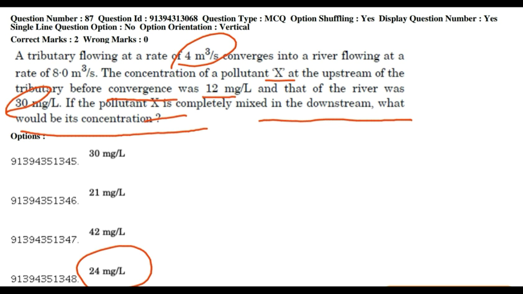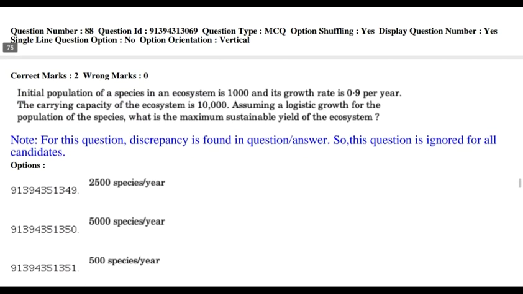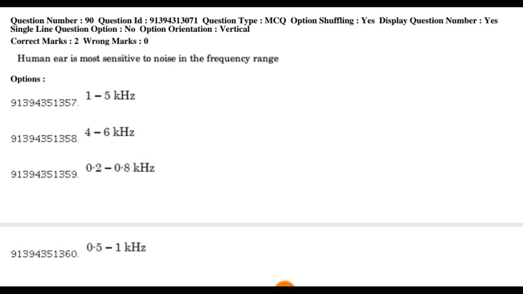Next, so here human ear is most sensitive to noise in the frequency range of 1 to 5 kilohertz.